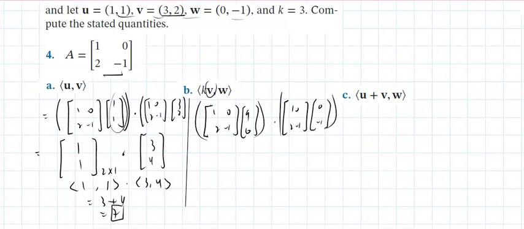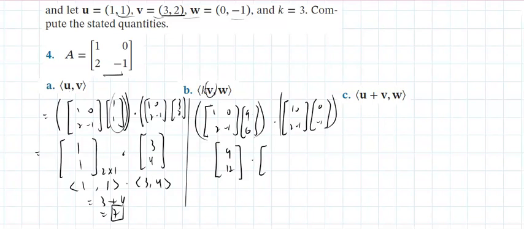So do this first. That turns out to be 9 plus 0 is 9, and 18 minus 0 is 18. Oh, that's a 6, not a zero, oh my goodness. Okay, 9 plus 0 is 9, and 18 minus 6 is 12.